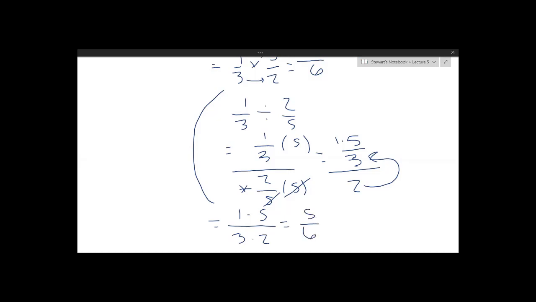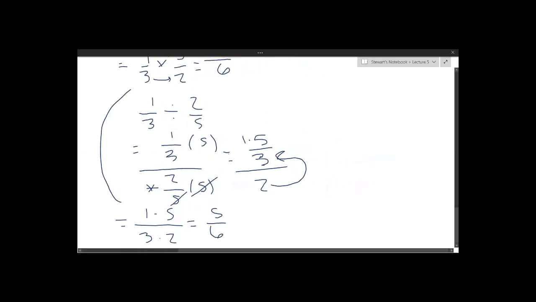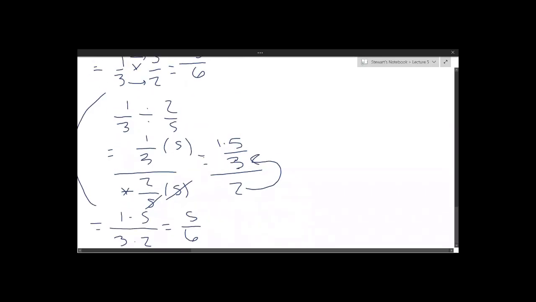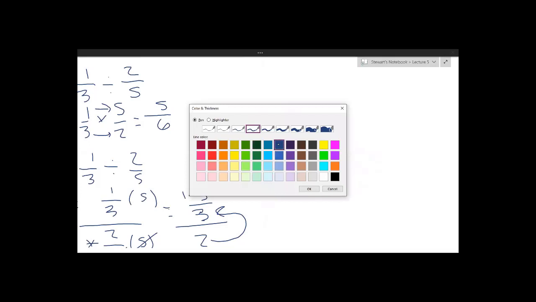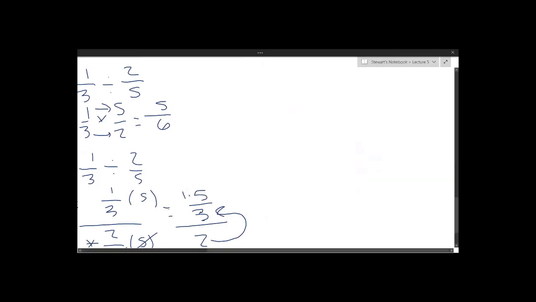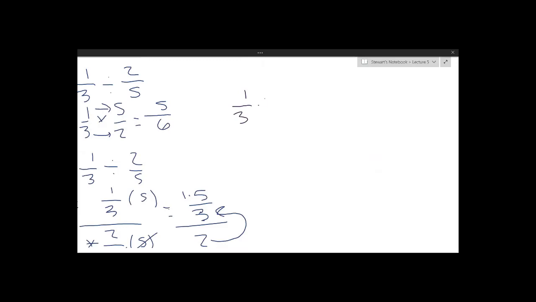Alternatively, another way to think about it, if you're on the train of caring why this is the case, is to think about this same example again as 1/3 divided by 2/5 and turn it back into the complex fraction 1/3 over 2/5.